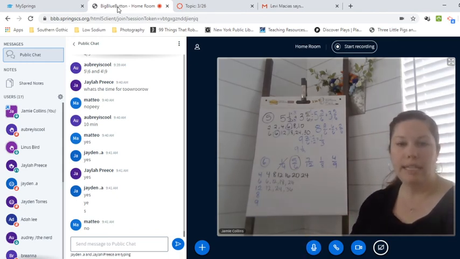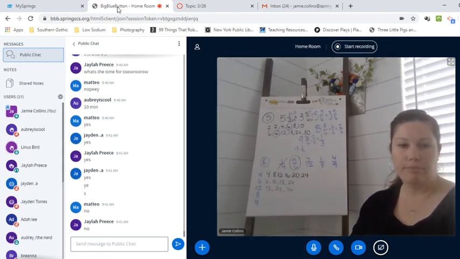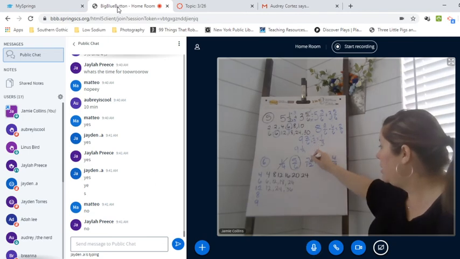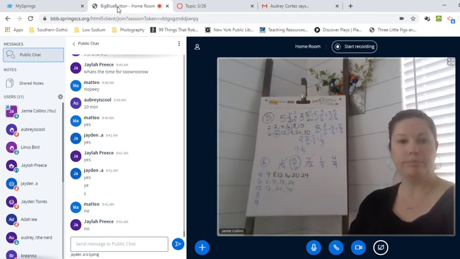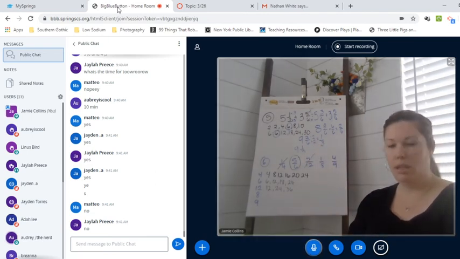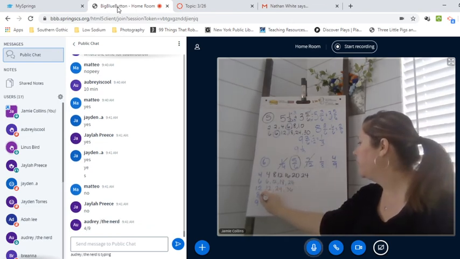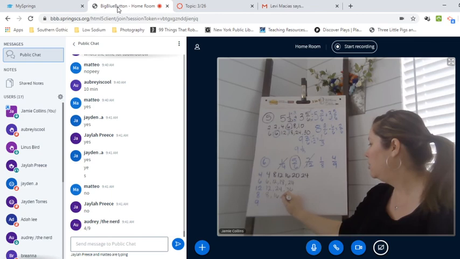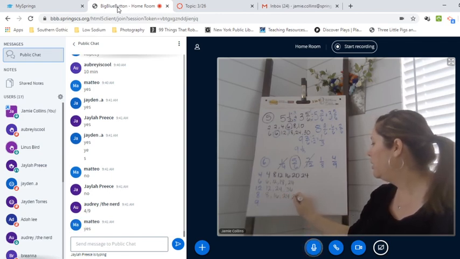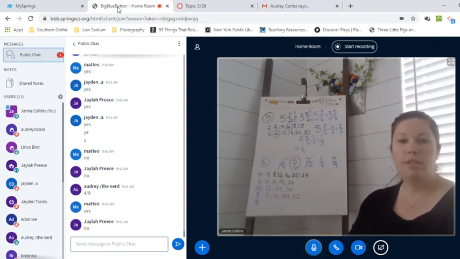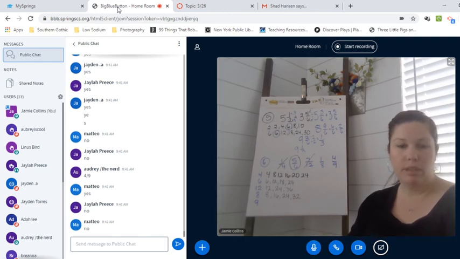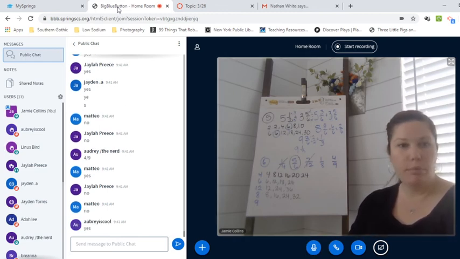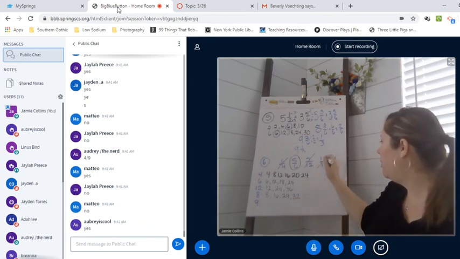Do you see an 18 in this one? No, so it can't be this one. Let's cross it off. Okay, let's do 8. So we have 8, 16, 24, 32. Do you see an 18 in this one? Nope. Yep, you're right. So let's cross that one off.